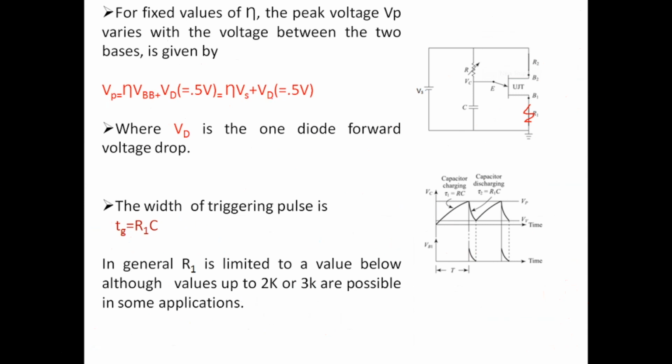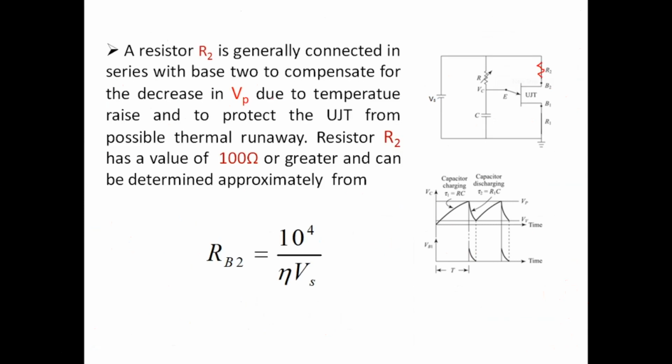Vd will reduce when temperature increases. So some mechanism is required to overcome this problem caused by temperature, called thermal runaway. So we connect one resistance here. You may know that the resistance increases when temperature increases.